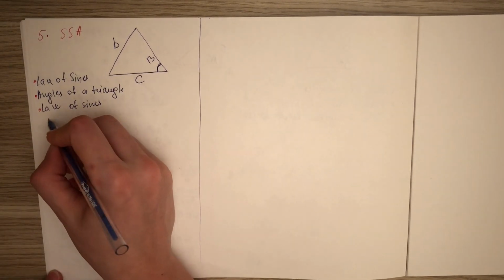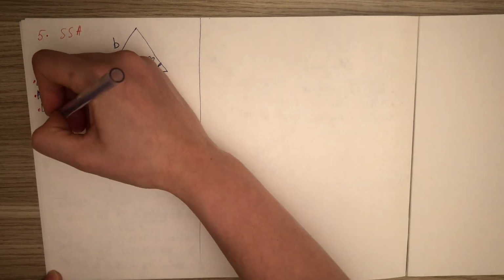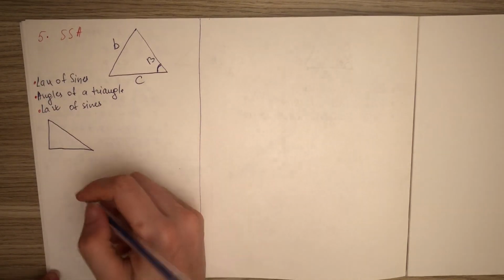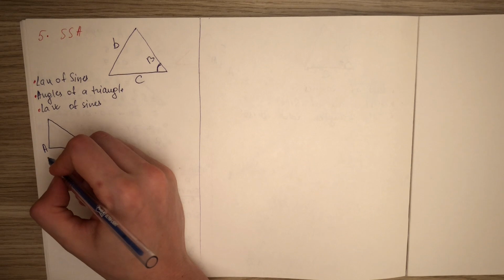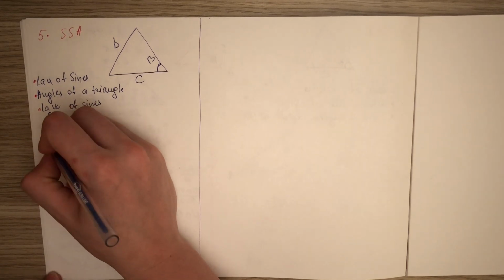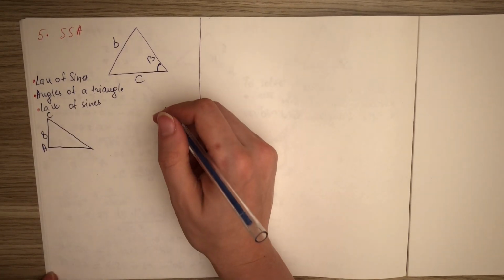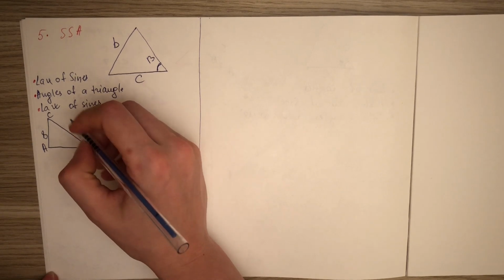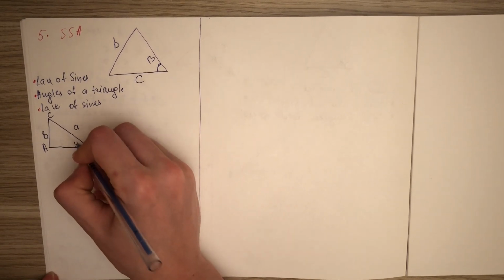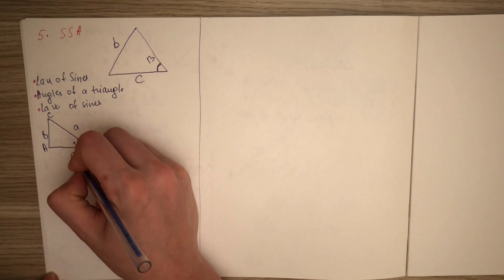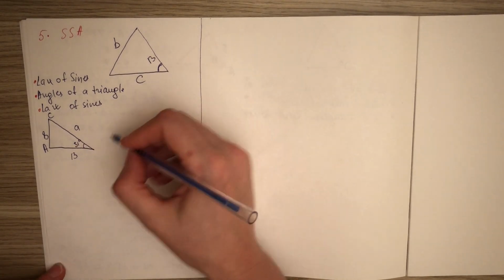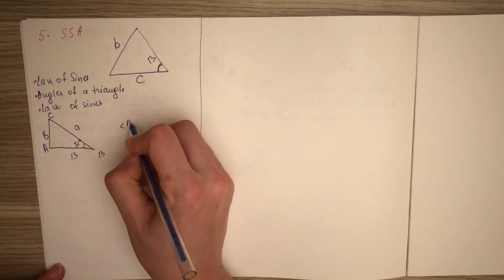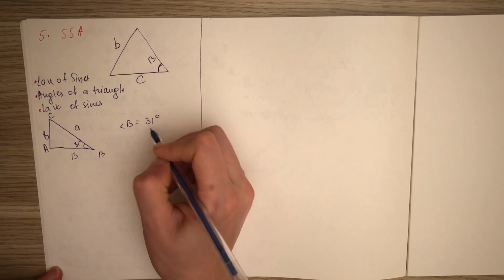This is our given triangle A, B, C. Here angle B is equal to 31 degrees.